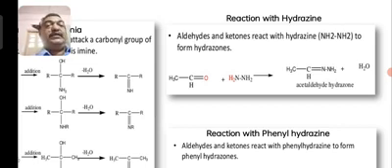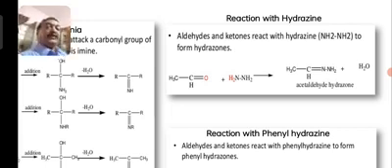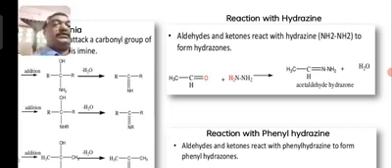I have taken the example CH3CH=O when treated with NH2NH2. Water will be eliminated and you will get, what is the product? CH3CH=N-NH2. This compound is called a hydrazone.